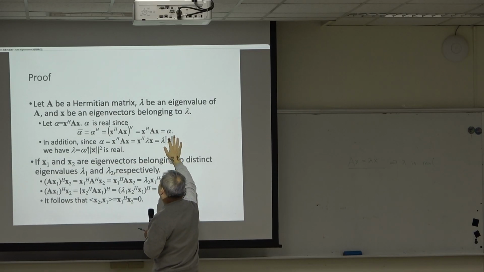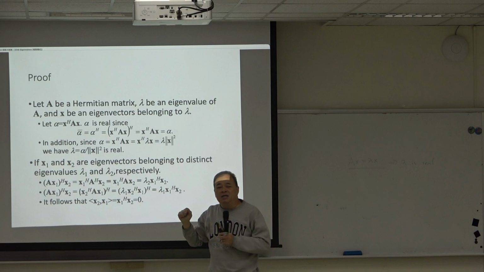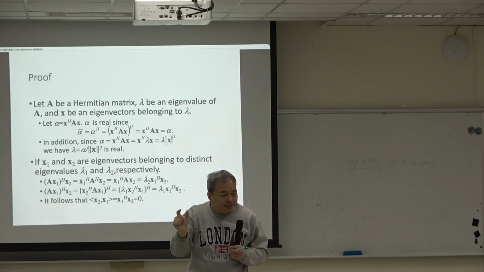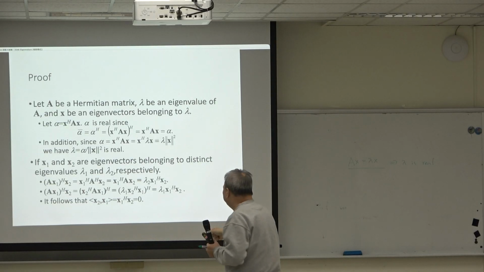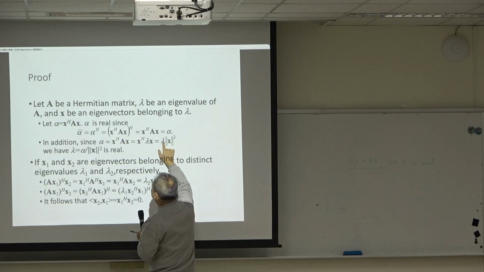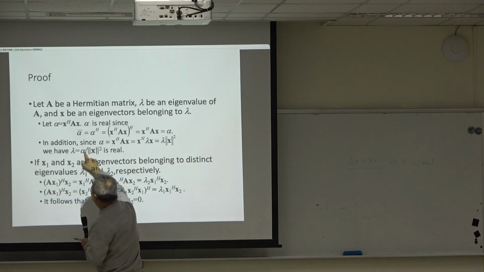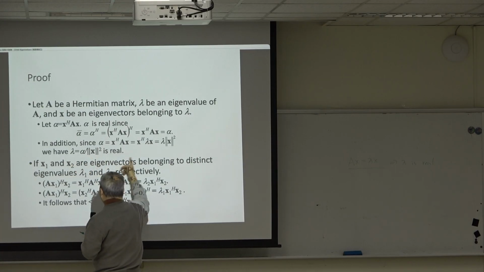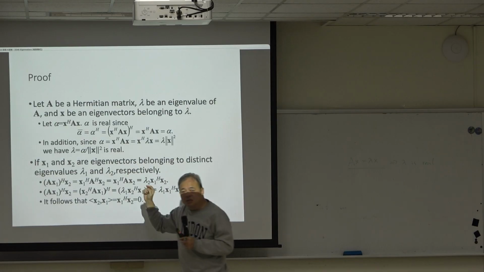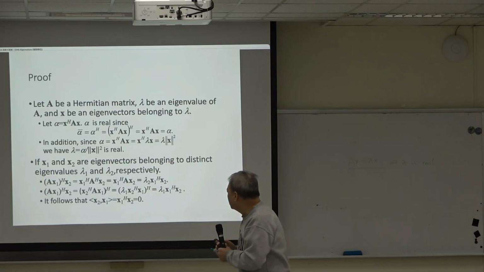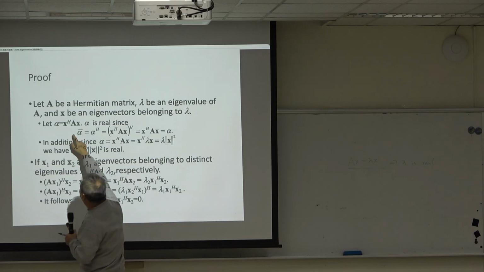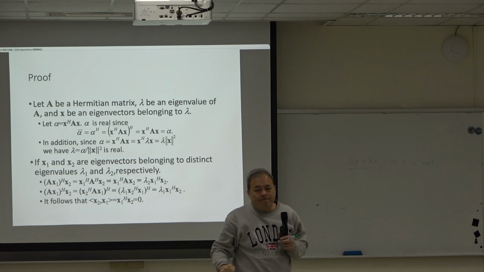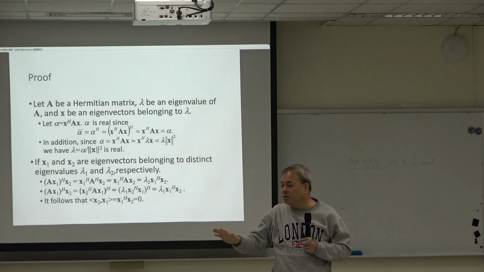And we know this must be greater than or equal to 0, it must be real. In other words, lambda is alpha divided by the square of the length of x. So it must be real. So the key idea is to construct this x^H A x first. Okay? So far so good, right?